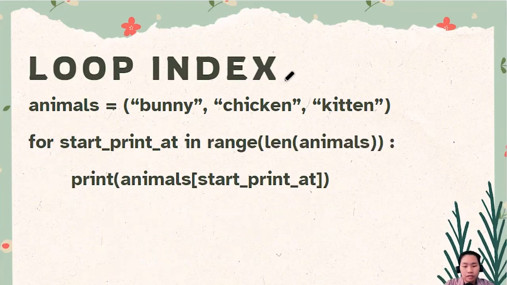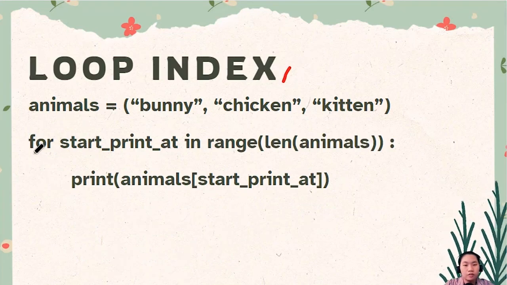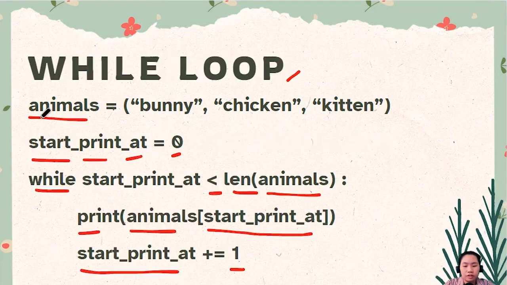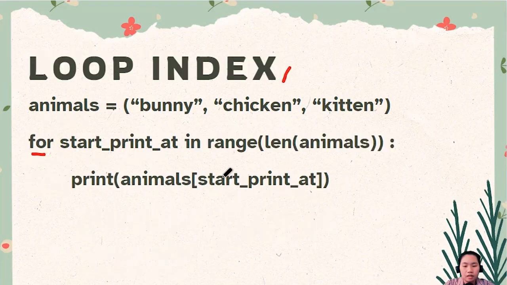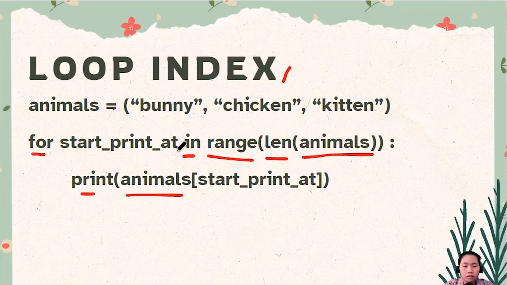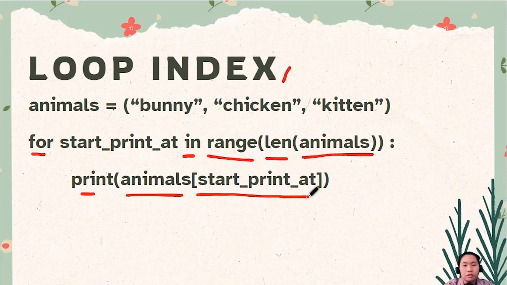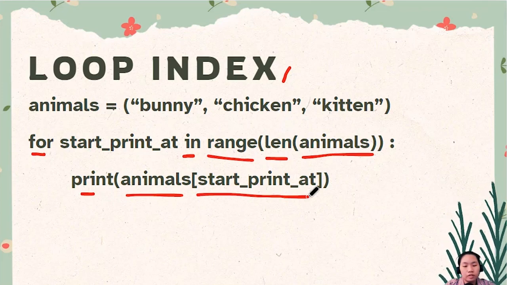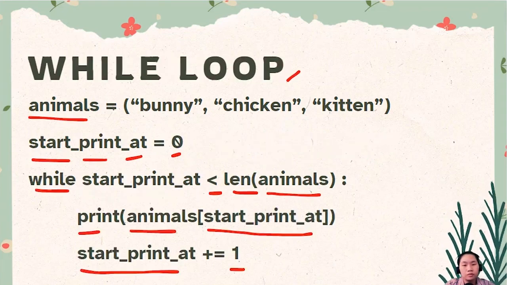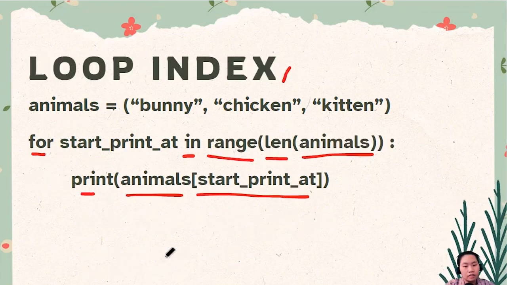Last but not least, looping by index, just like the for loop: for start_print_add, our index starter, in range of the length of the tuple animals, print animals[start_print_add]. What this does is go through each index one by one, very similarly to the while loop. So it'll just go through 0, 1, and 2.